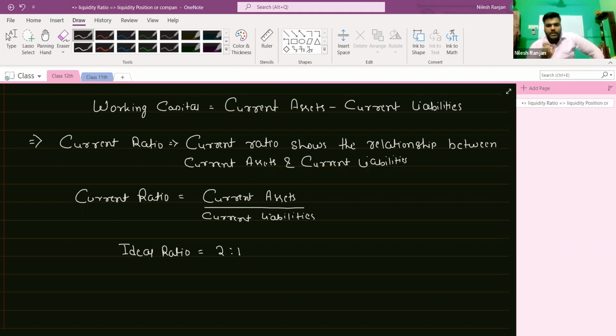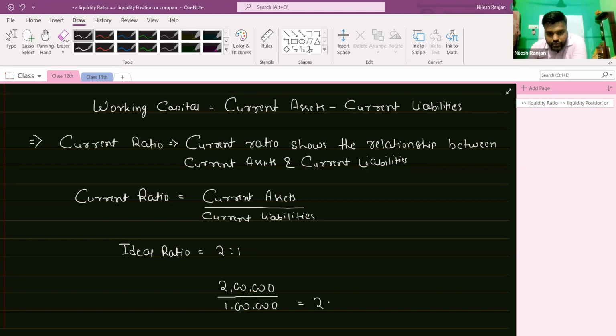If you have current liabilities of rupees 1 lakh, then you can have current assets of rupees 2 lakh. So this is the ideal ratio. Let's say you have 2 lakh of current assets and 1 lakh of current liabilities.